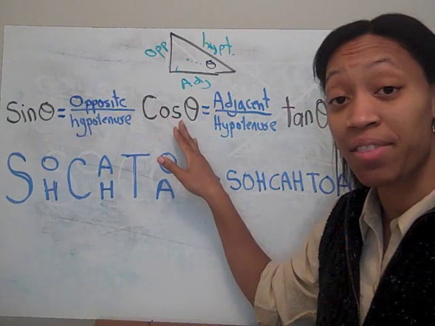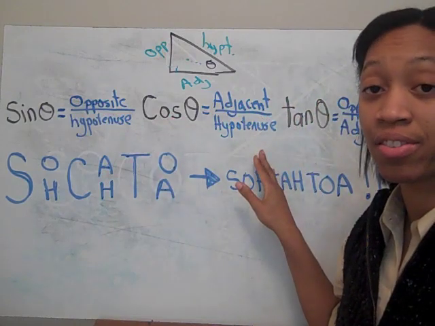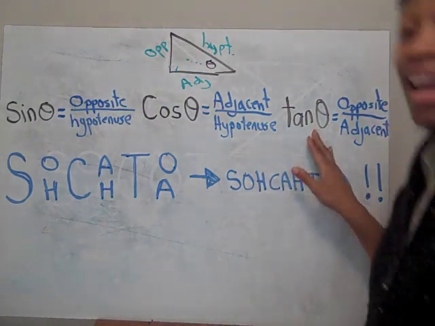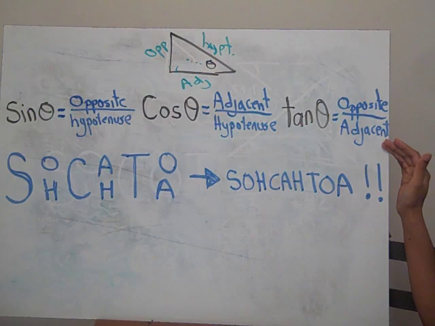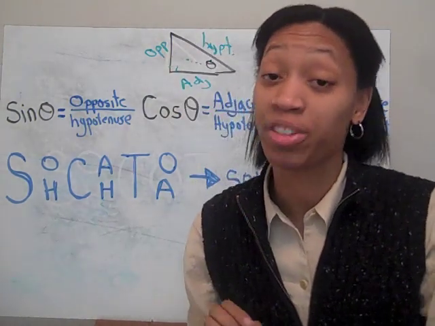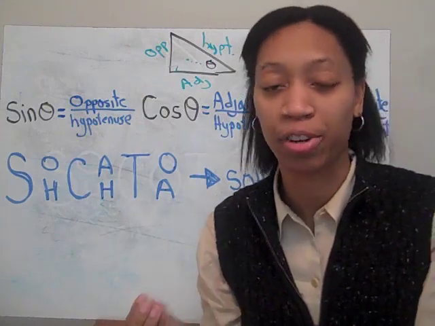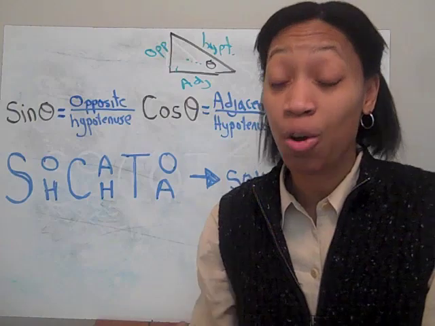The cosine of the angle is the adjacent over the hypotenuse. And the tangent of the angle is opposite over adjacent. This is really important, so you have to memorize it. We have this great acronym to help you remember it, and that acronym is SOHCAHTOA.